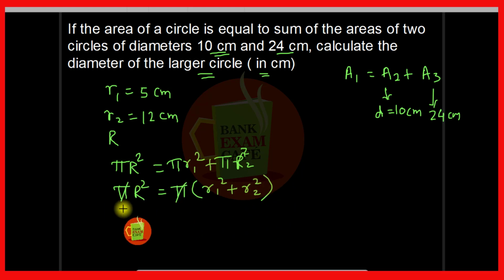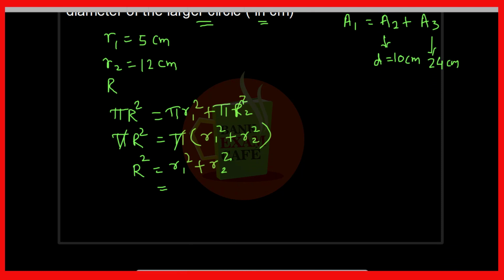So this pi and pi will get cancelled and R square is equal to R1 square plus R2 square. So R square is equal to R1 square, R1 is 5, its square is 25, plus R2 square, R2 is 12 and its square is 144.